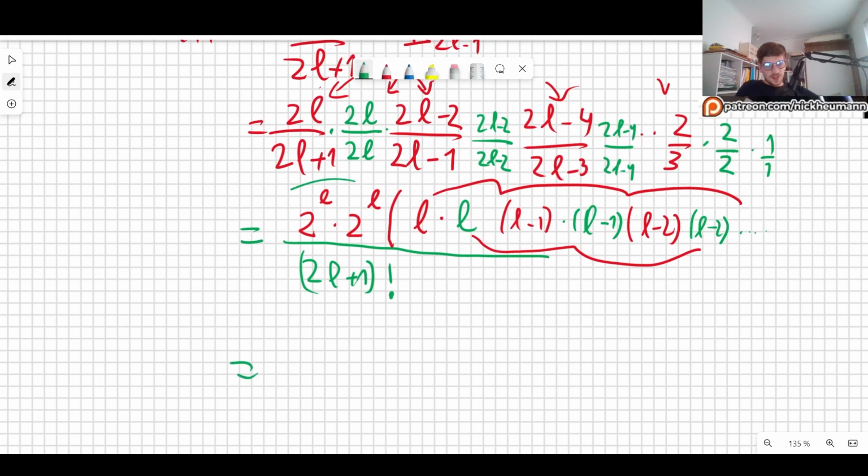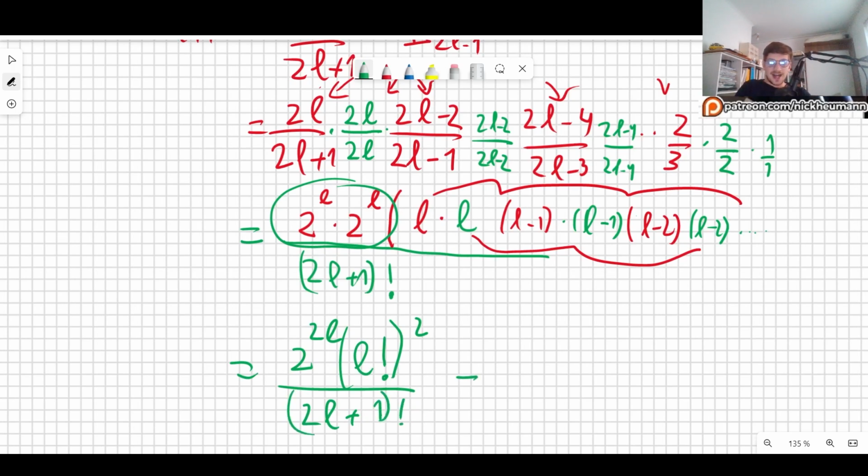So first of all, this thing is 2 to the 2L. And also we have L factorial squared. So this is 2L plus 1 factorial. And here you can just take this square, factor it out. So you get 2 to the L factorial squared divided by 2L plus 1 factorial.